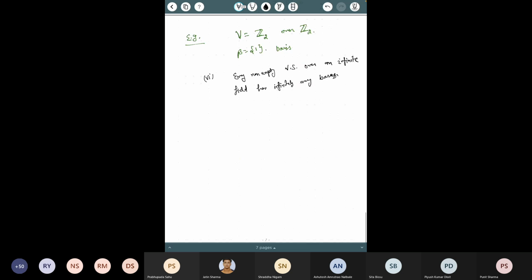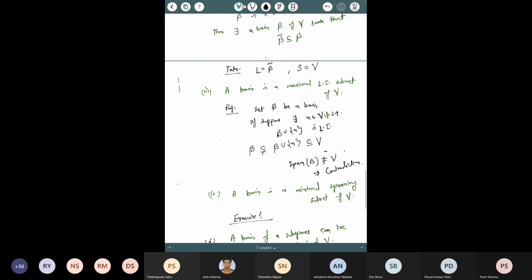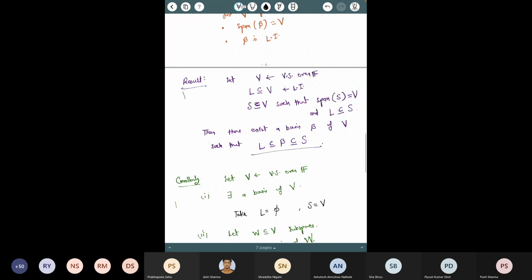All right. So let me prove now the next result. We have seen already so many corollaries of this. So before I move forward, let me prove the main result. Proof of, we write this as main result, just to differentiate it.